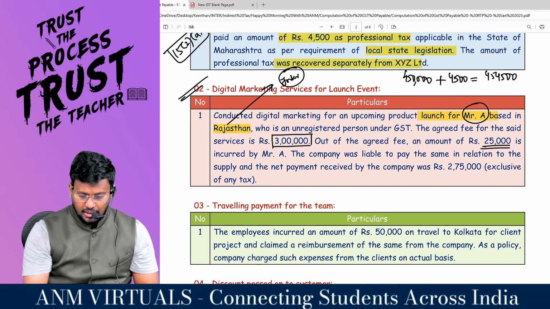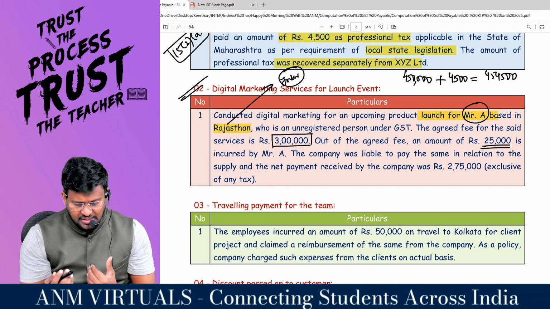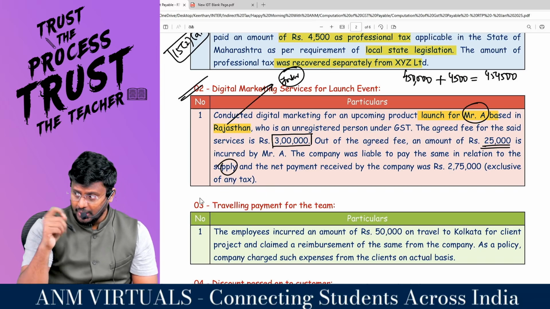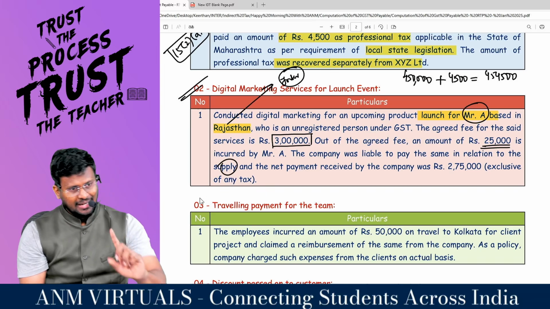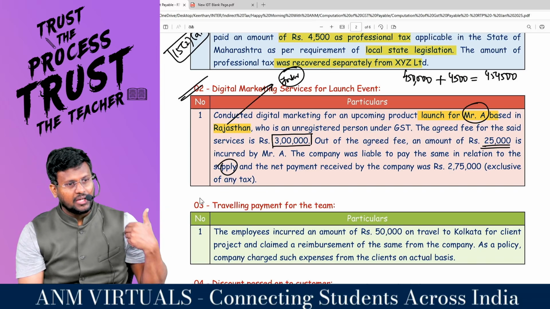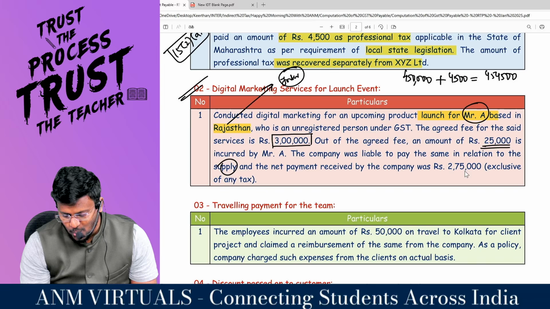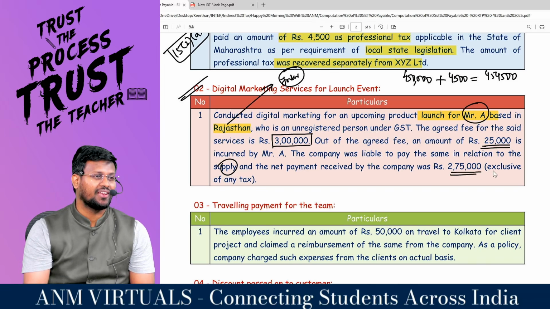The company was liable to pay the same in relation to the supply. That means actually the 25,000 the company should have paid, but the recipient has paid on behalf of the company, and the net payment received by the company was 2,75,000 exclusive of any tax.